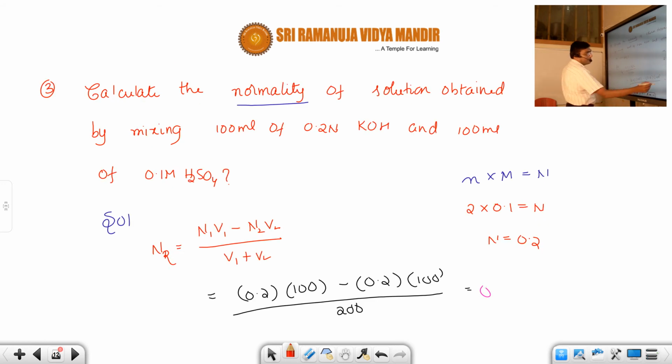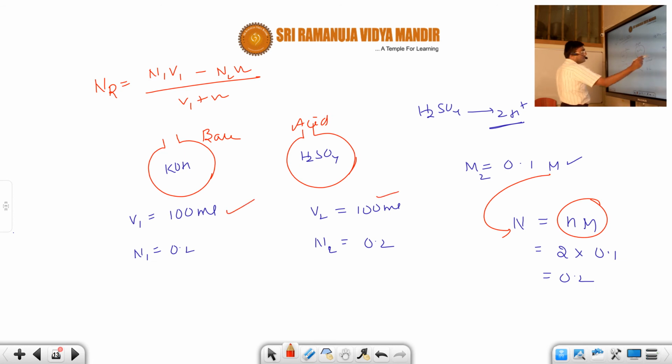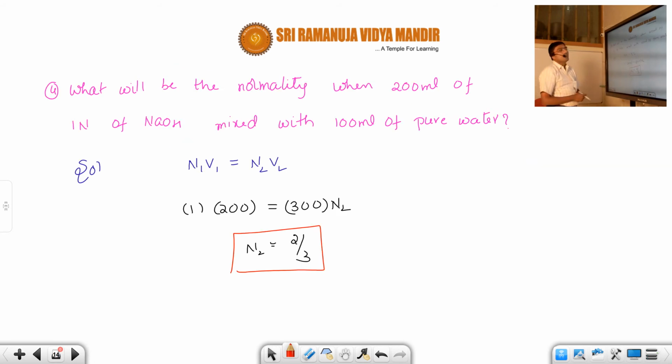You can see both are the same, 0.2. So this is how you can solve the question. It means complete neutralization. There is no net acid or net base, only salt. No excess acid or excess base remains. It's a wonderful physical understanding.